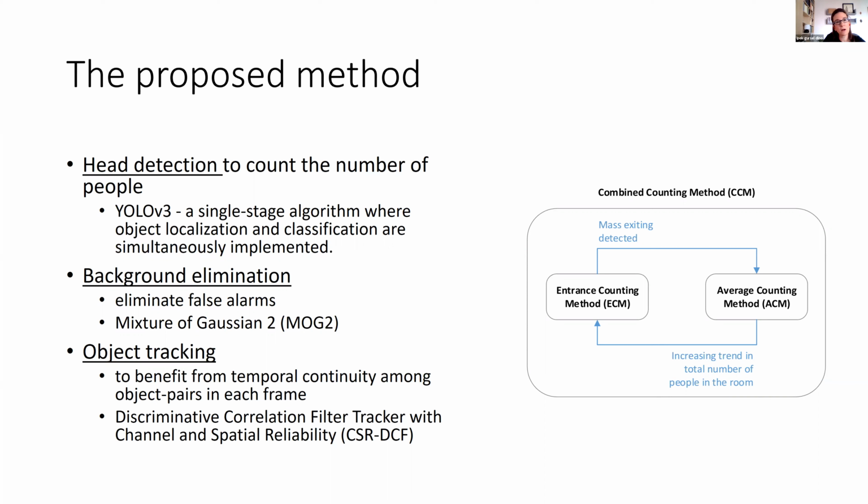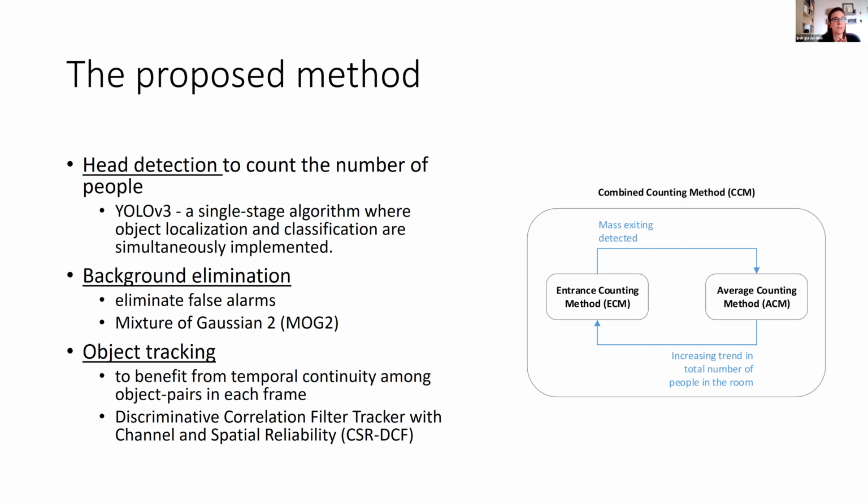So for background elimination, to eliminate false alarms, MOG2 was used, and for object tracking, to benefit from the temporal continuity among object pairs in successive frames, we use CSR-DCF. And 3 different approaches for counting are considered.